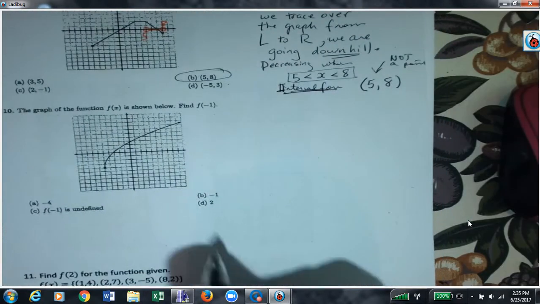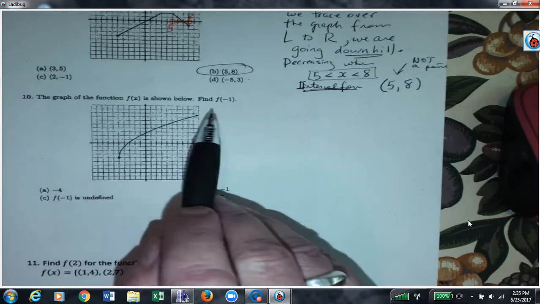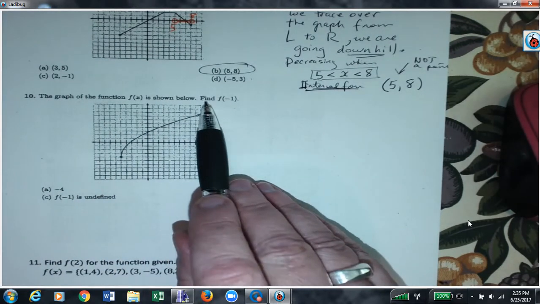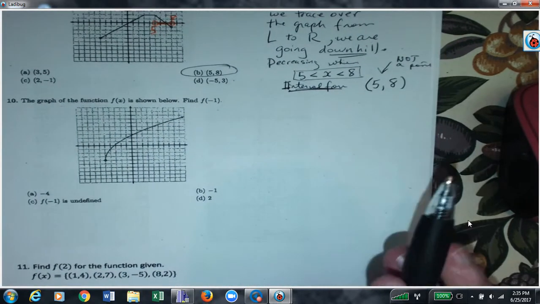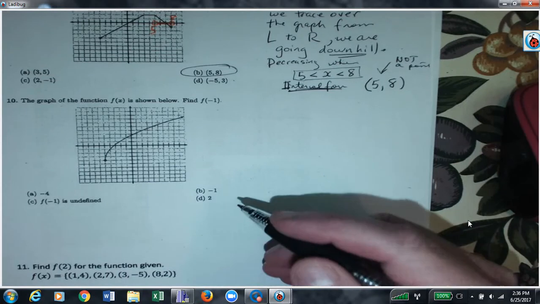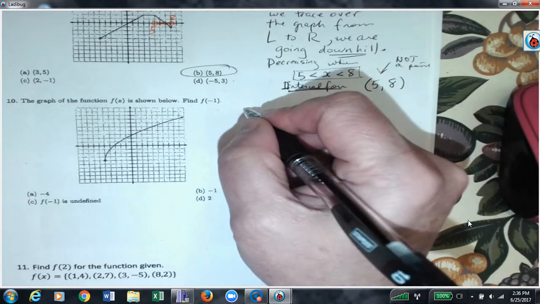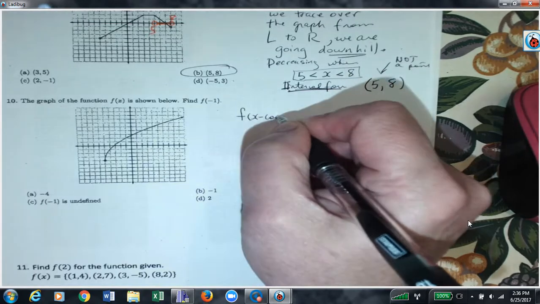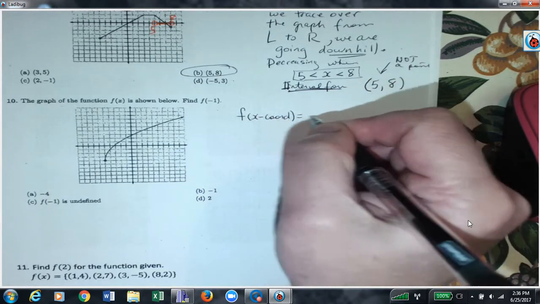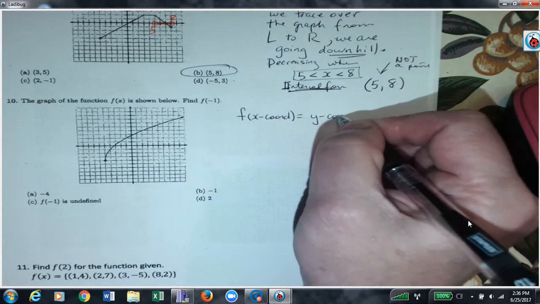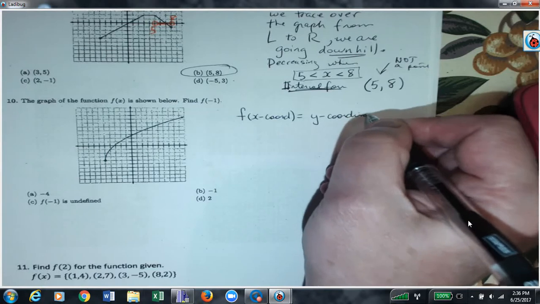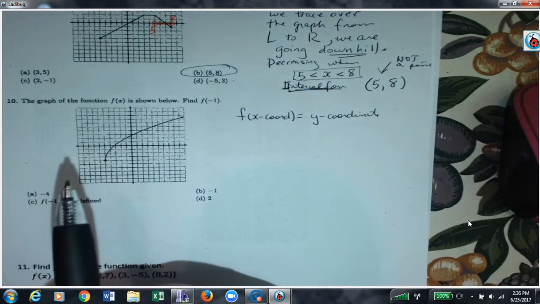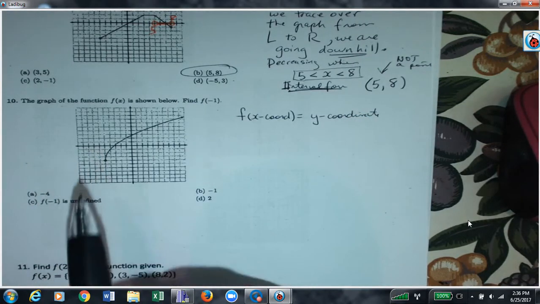Number 10. The graph of the function is shown. Find f evaluated at -1. So from the lectures, we have that f evaluated at an x coordinate of a point is equal to the y coordinate of the point on the graph of the function.